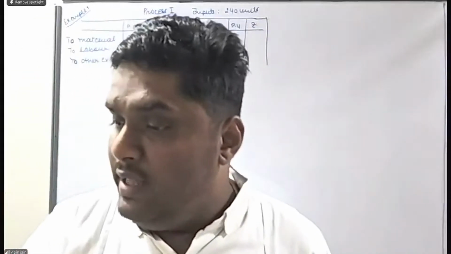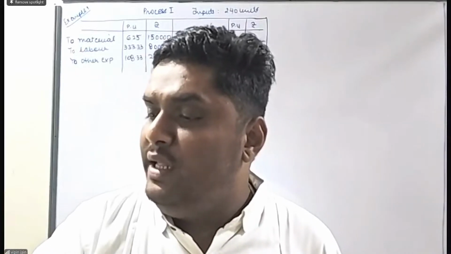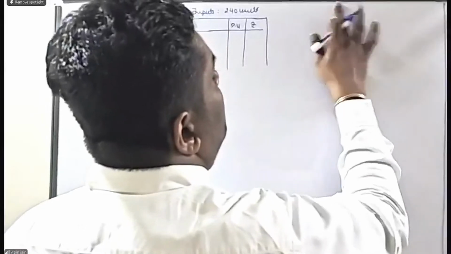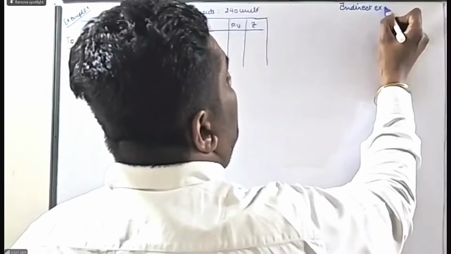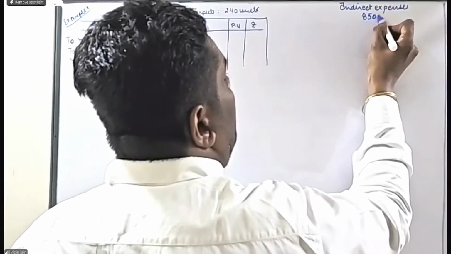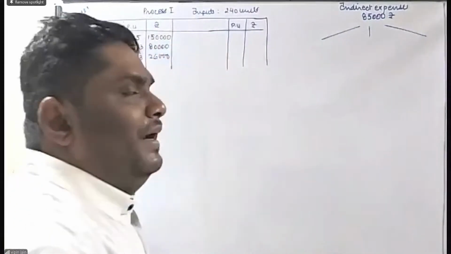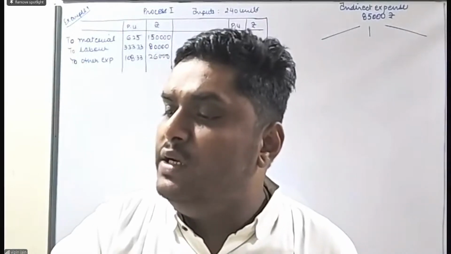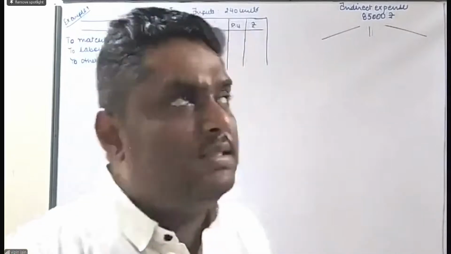Now herein the indirect expenses are also given, that is 85,000, that is to be apportioned in the ratio of wages. When talking about the wages, it is 80,000, 2 lakh and 60,000. So we can say 8 is to 20 is to 6.